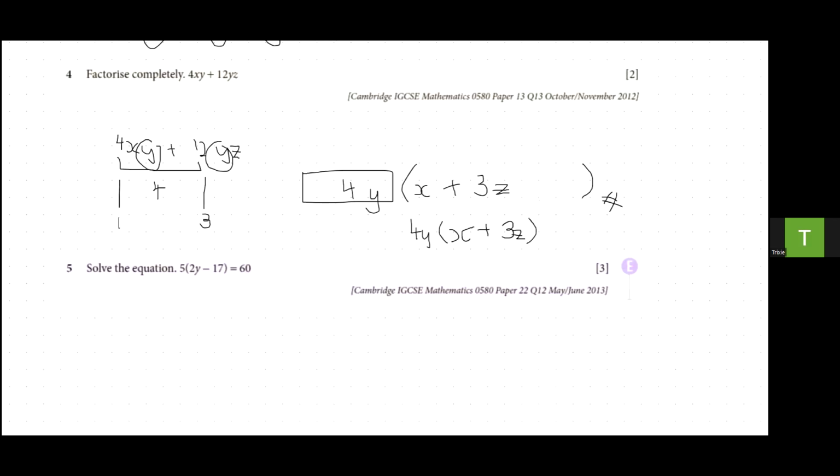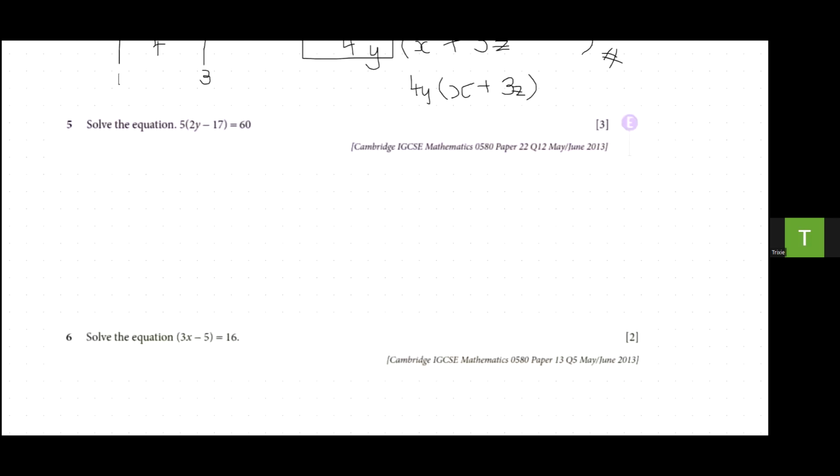Question 5. Solve the equation. 5 in bracket 2y minus 17 equals to 60.